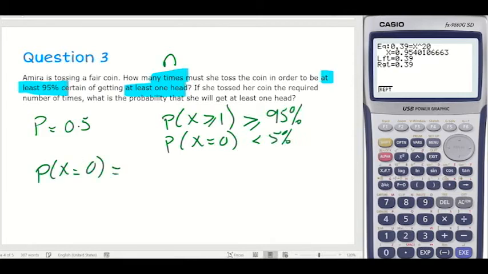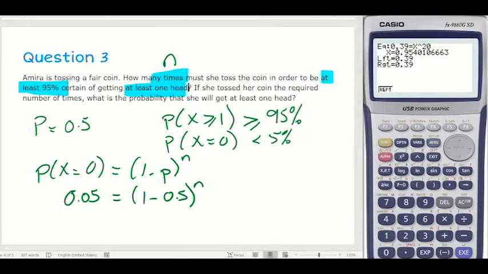Probability x equals 0 equals 1 minus p to the power of n, and in this case our probability of 0 is 5%, so 0.05 equals 1 minus the probability of a single head, which is 0.5, to the power of n.